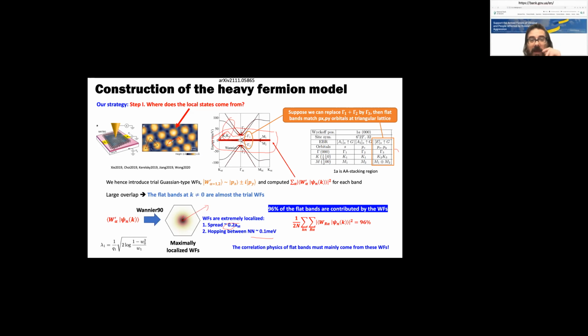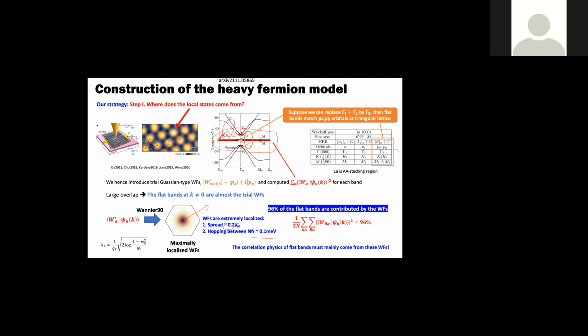So you can still build a heavy fermion model, but it's not that heavy, and not that useful, because right now we have a very good separation of scales, in the sense that you have these very localized fermions, which will have a large Hubbard U. Does that make sense?